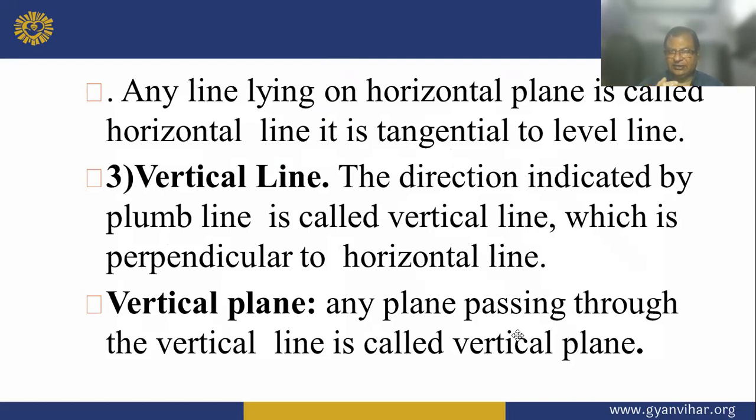It is tangential to the level line. The vertical line is the direction indicated by the plumb line, and it is perpendicular to the horizontal line. Now, any plane passing through the vertical line is called a vertical plane.